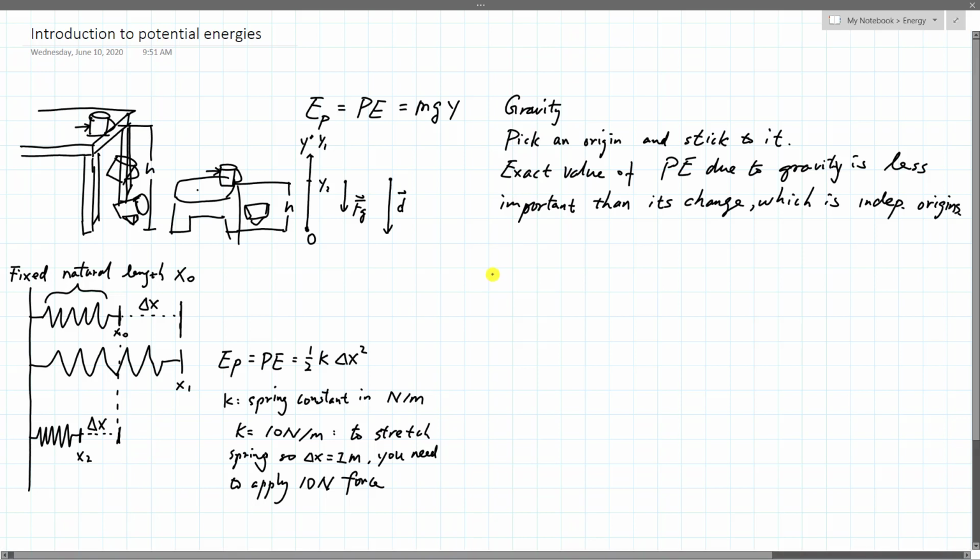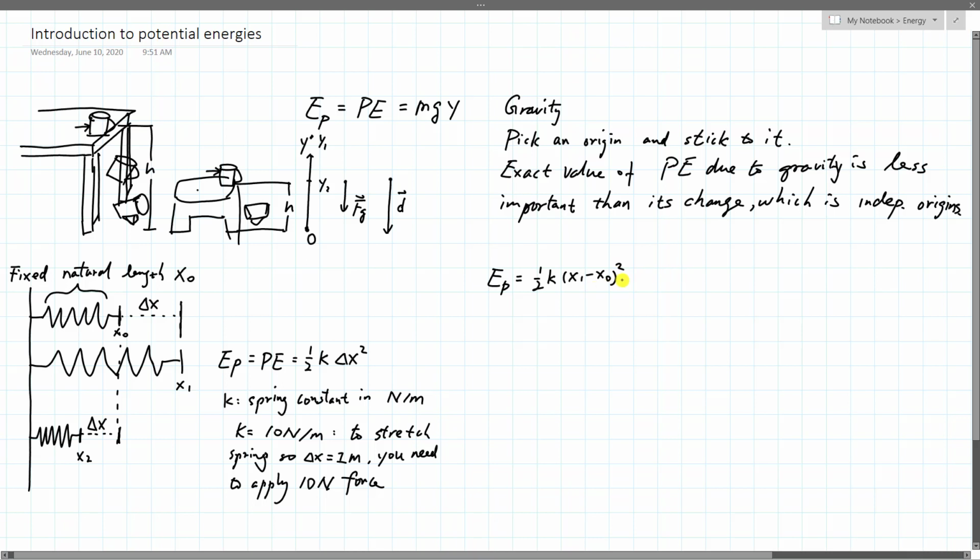So say the potential energy in the first situation is 1/2 K times delta x squared, where delta x is just x1 minus x0. It doesn't matter which one minus which one because we're squaring it.